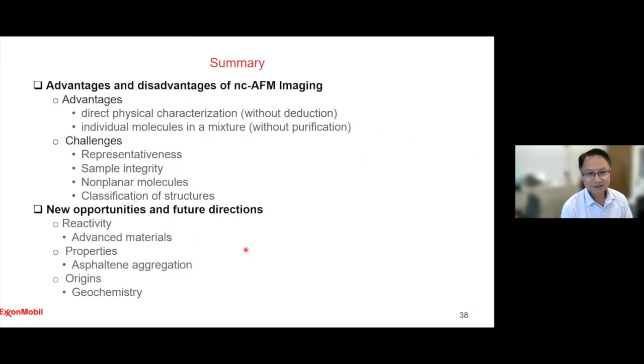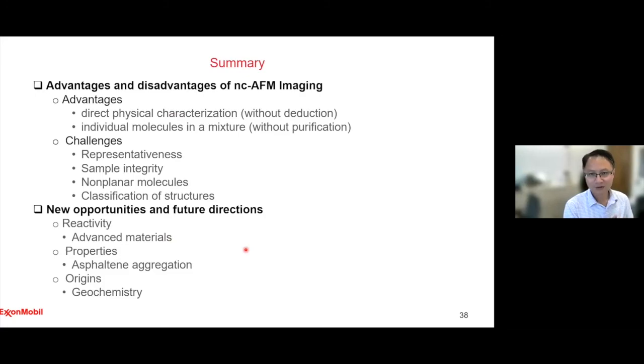This is the summary. So what do we have so far? Just to show that molecular imaging has the unique advantage that you can image the structure directly without needing purification. It's direct evidence of structures, and compared to a lot of other techniques, that would be very challenging.